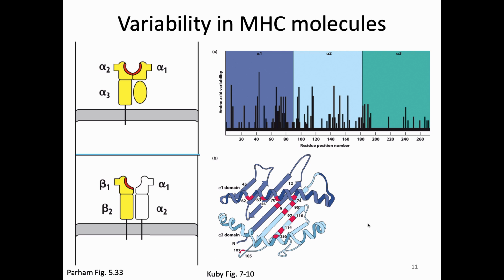When we look at all the different types of MHC molecules, whether we're looking at K versus D versus L, or K of B versus K of D, the variations we see really map to the peptide binding groove, allowing for the binding of different peptides.